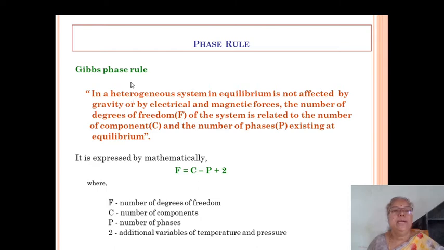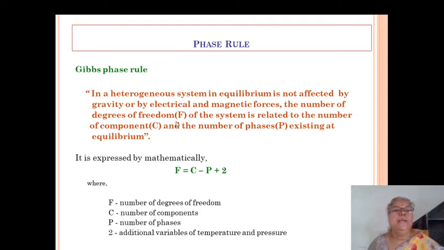The statement of Gibbs phase rule: a heterogeneous system in equilibrium is not affected by gravity or by electrical and magnetic forces.